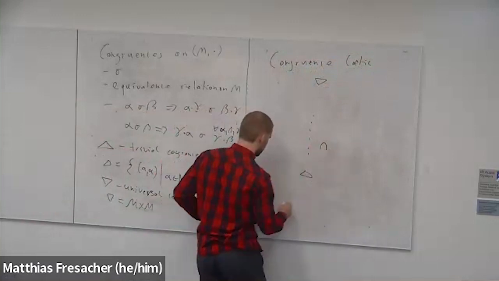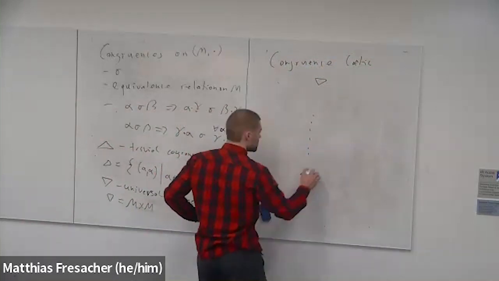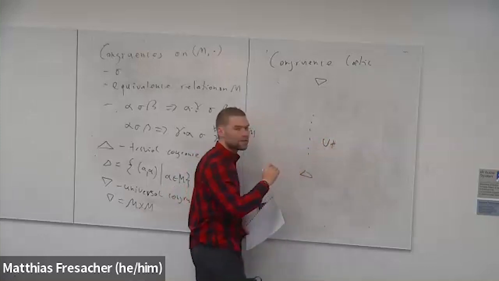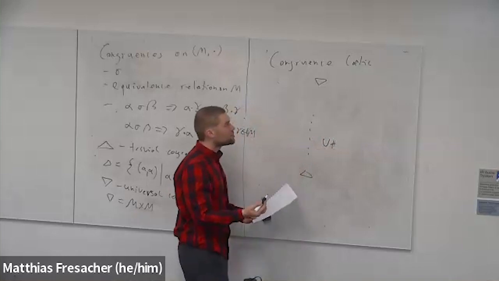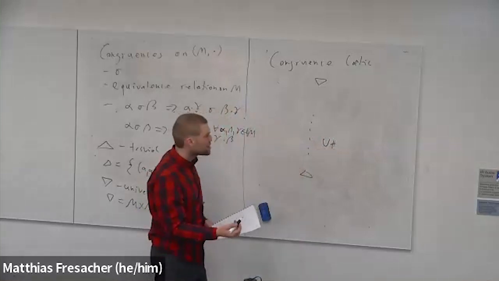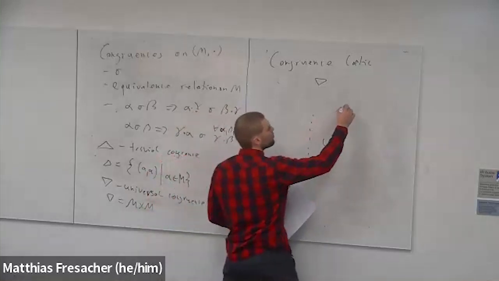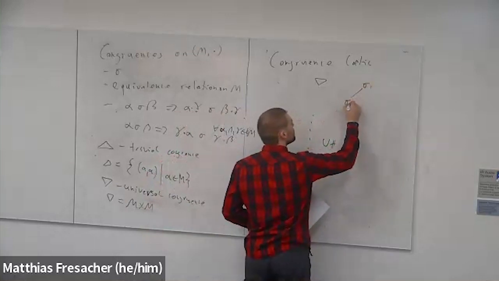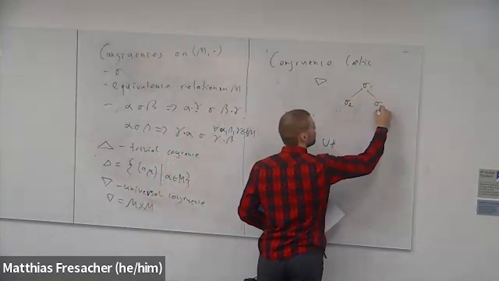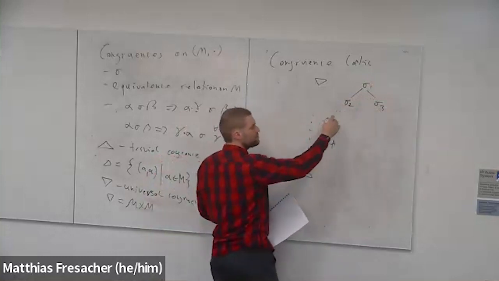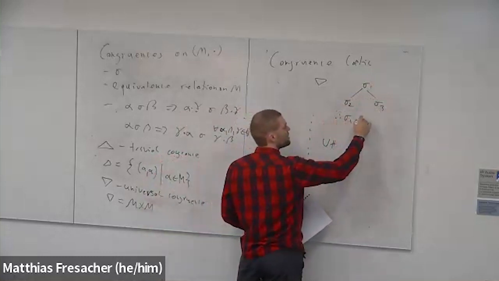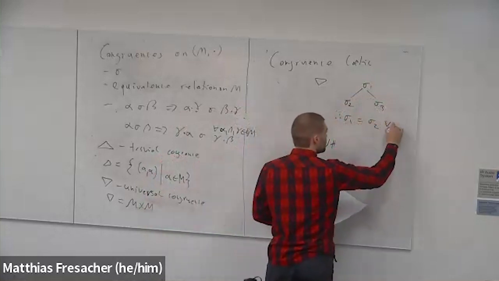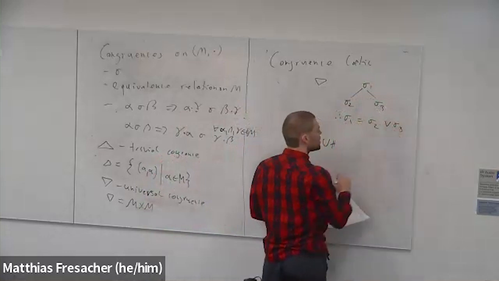So, oopsie, wrong direction. So all of these are going to be subsets, and you usually don't want equality. And as is normally the case in your lattice, we can have, for example, a sigma 1, a sigma 2, and a sigma 3 sitting in here. So here we have sigma 1 is the join of sigma 2 and sigma 3.